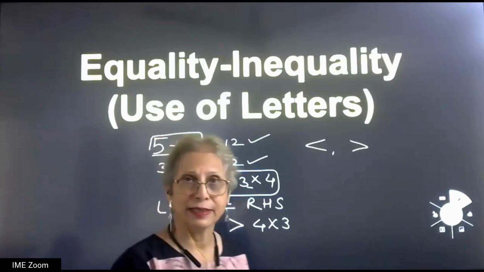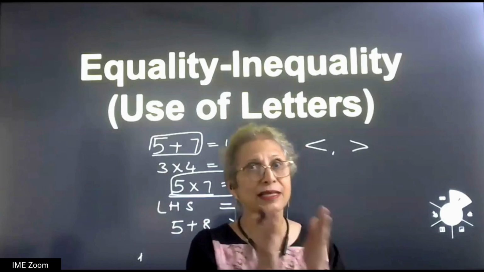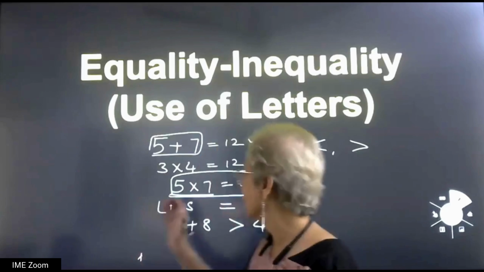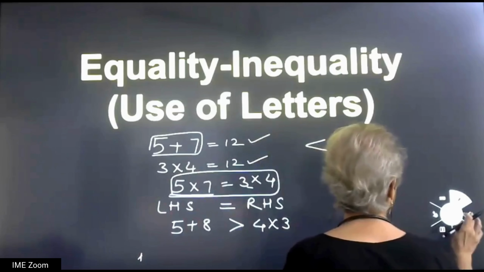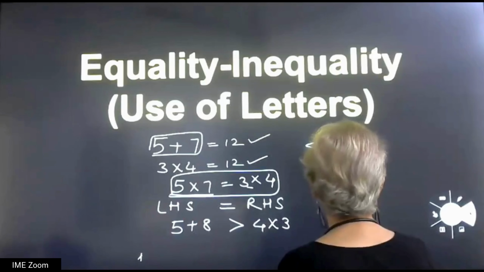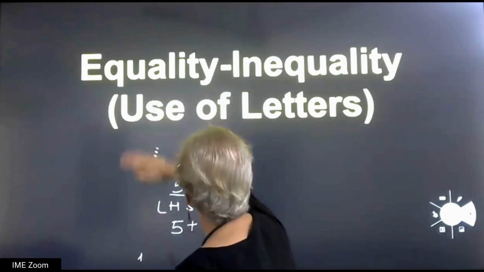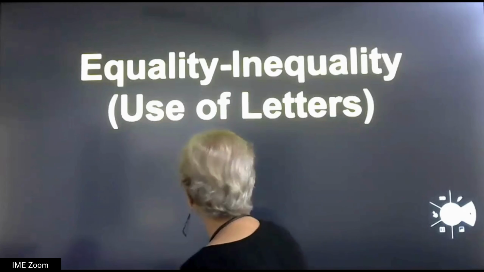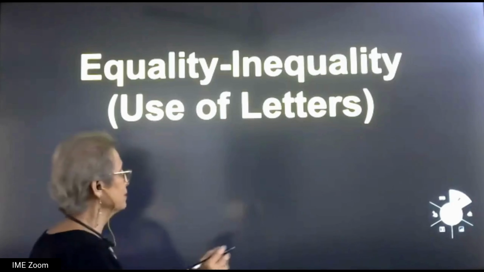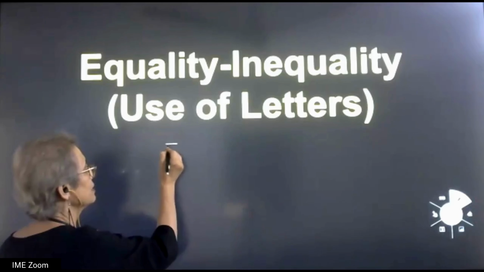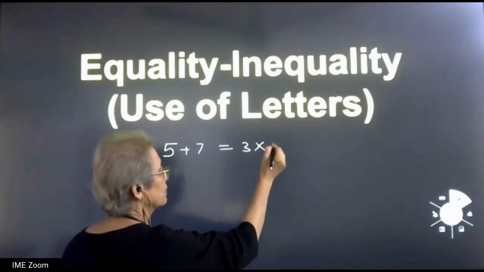And now in equality, both the sides are equal. And that is why whatever we do on LHS, the same function is to be done on RHS side, right? For example, our equality was 5 plus 7 equal to 3 into 4.